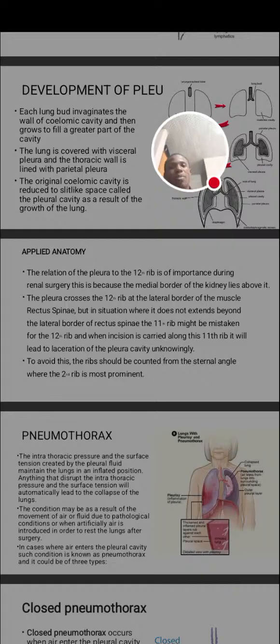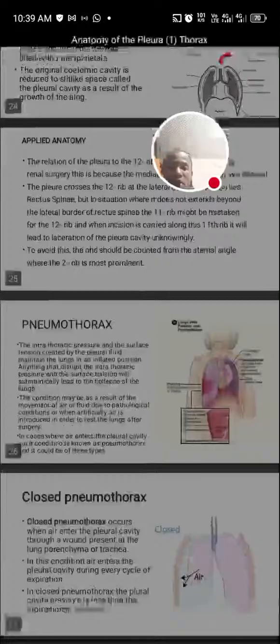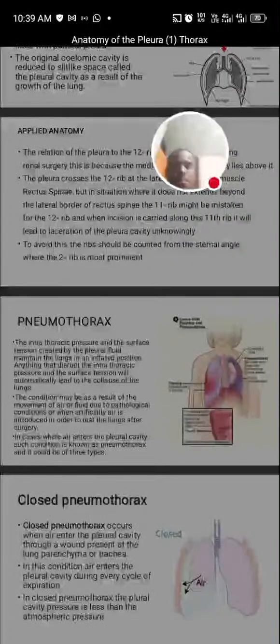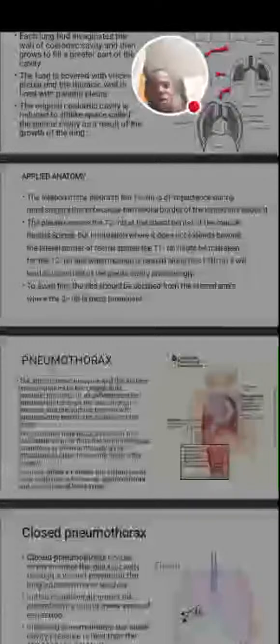What do we say about the erector spinae? We said applied anatomy number one is the medial border of the kidney lies above the pleura.